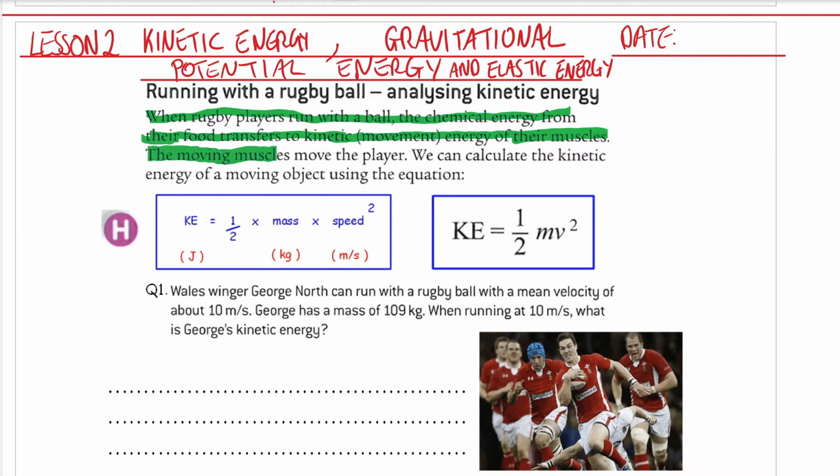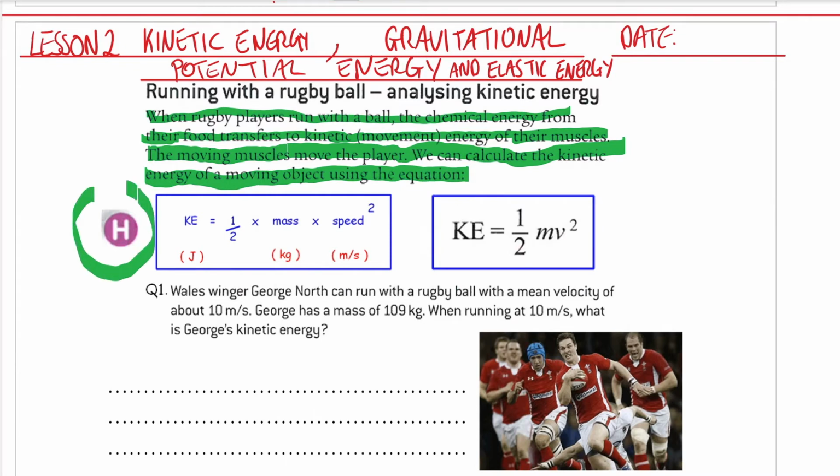The moving muscles move the player. We calculate the kinetic energy of a moving object using the equation. You'll notice Mr. Ruddy has put this H here. That H stands for higher tier. That's reminding us that foundation tier pupils won't need to do these calculations.